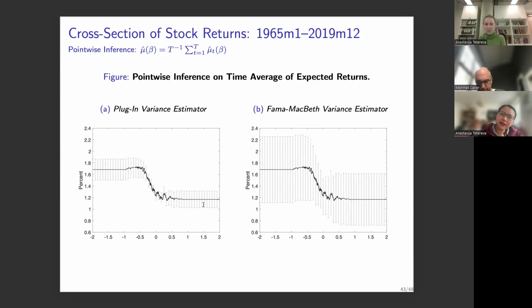In fact, this downward sloping does not show up always. We tried it with many other factors. For example, you can try inflation, or something like the Fama-French factor models, right? The downward sloping slope is not always there, so it's not universally true.